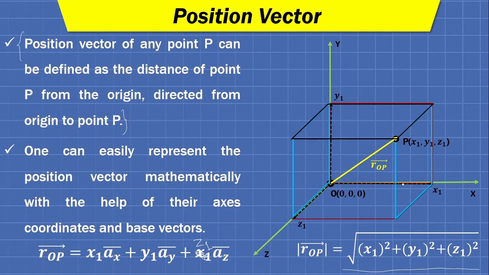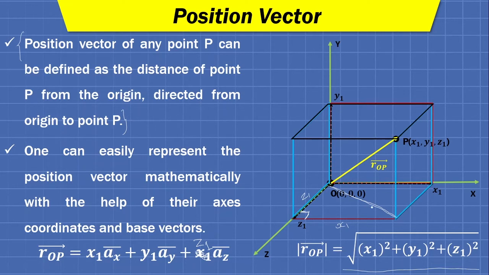So first, just consider this xz plane. Fine. So this is nothing but z1, this is nothing but x1. Now the angle here will be 90 degrees. So the diagonal of this rectangle will give us two equal right-angled triangles.